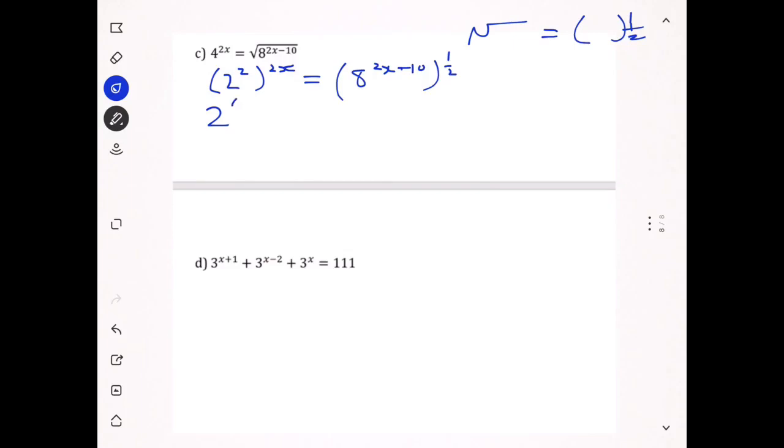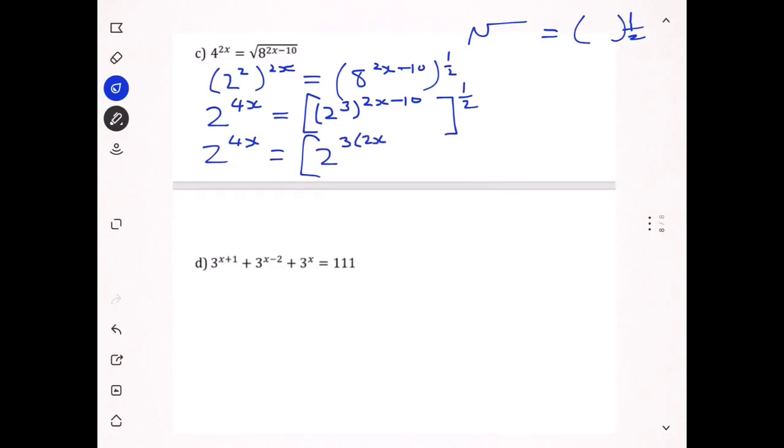So 2 to the 4x equals, I'm going to use a square bracket now because we have to convert this 8 into a product of its prime bases, which would be 2 to the 3. And keep everything that's still there, and it's still to the power of a half. Let's neaten this up. 2 to the 4x equals 2 to the 3 times 2x minus 10 to the half.